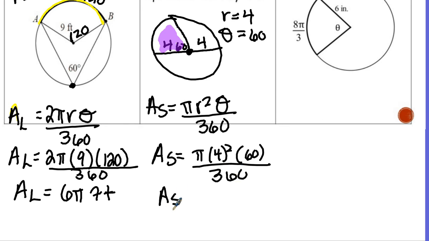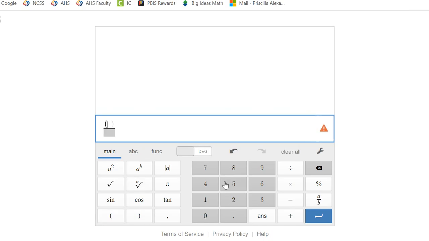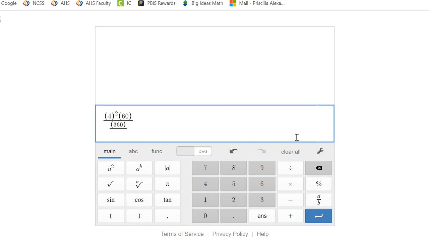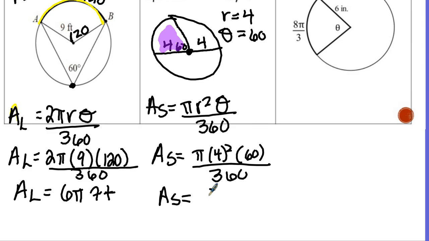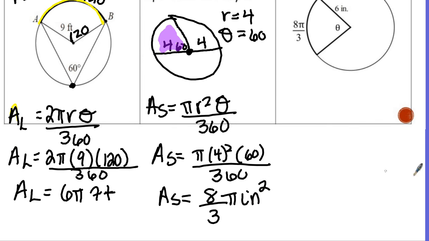So the area of the sector equals, and I'm going to put this in fraction form, 8 over 3 pi, or you could do it in decimal. What was the units? It's inches, so I'm going to say inches squared, because the area is a square unit.